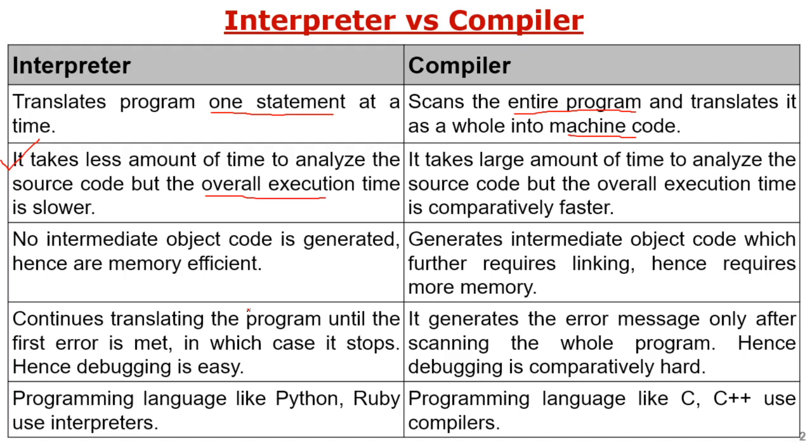But when you take the complete execution as a whole, the time is higher, because you spend time on the execution of each and every line. Line by line execution is faster, so it takes less time to analyze. I want to emphasize the word analyze.